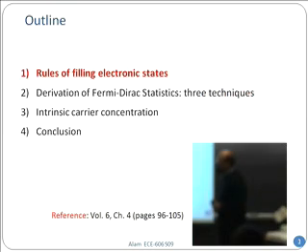Now, what I'll be doing is explaining that there are some rules for filling these electronic states by electrons. Of course, those rules tell you what distribution is most probable. And we'll do that. The next one will be the Fermi-Dirac statistics. We'll try to derive it, but we'll derive it in 3 techniques.